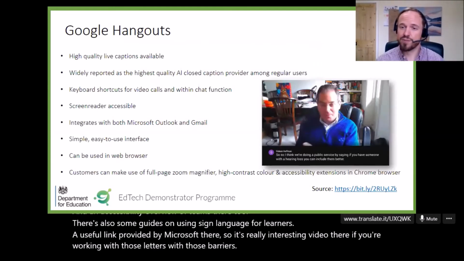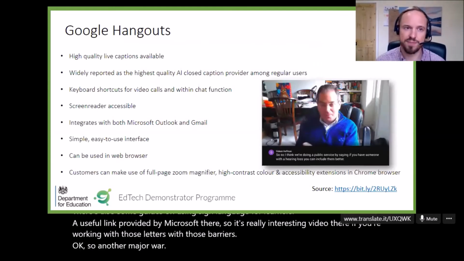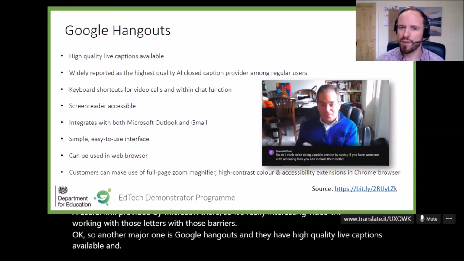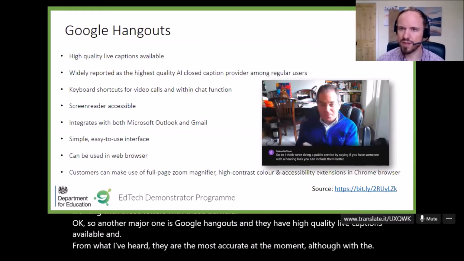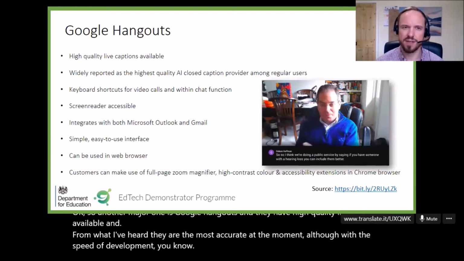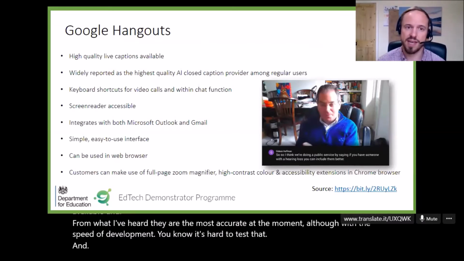Okay, so another major one is Google Hangouts. They have high quality live captions available, and from what I've heard, they are the most accurate at the moment, although with the speed of development, it's hard to test that. There are good keyboard shortcuts again for video calls and within the chat function.